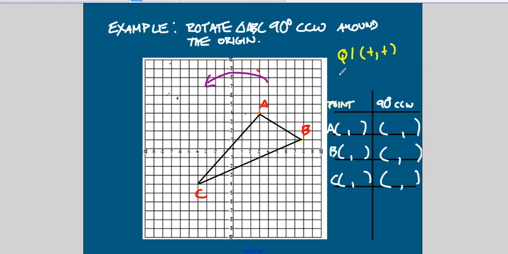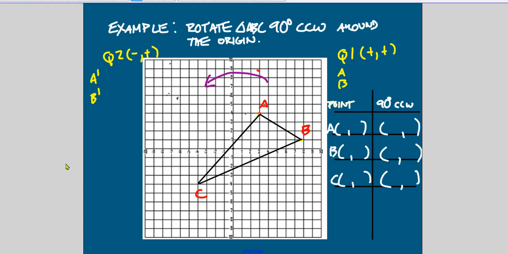A is in Q1 and B is in Q1. In Q2, that's negative, positive. A and B are in Q1, so the result of A's rotation is going to be A prime, and the result of B's rotation is going to be B prime.